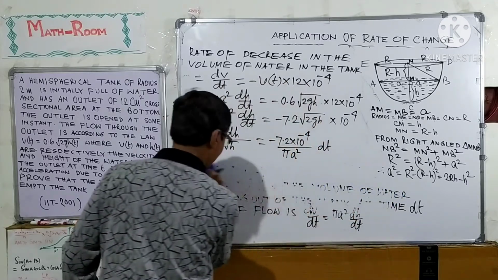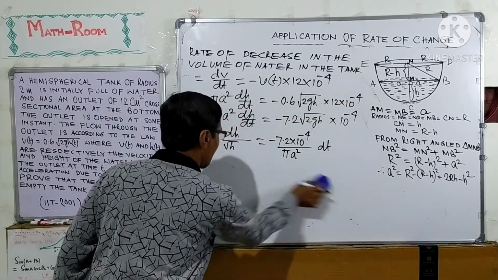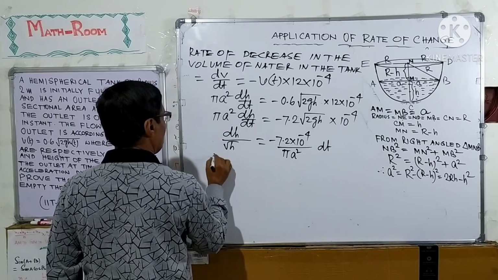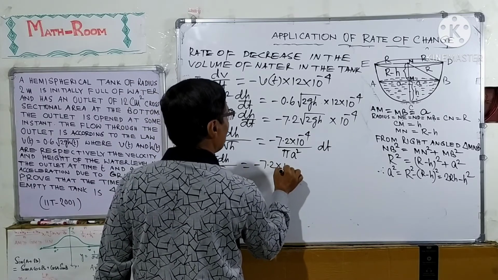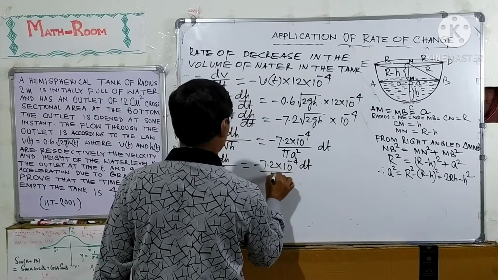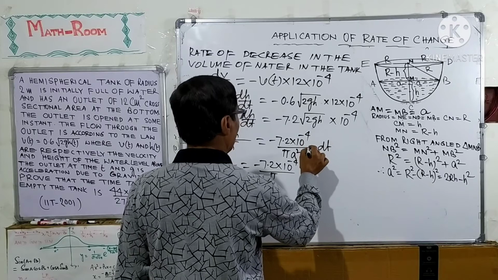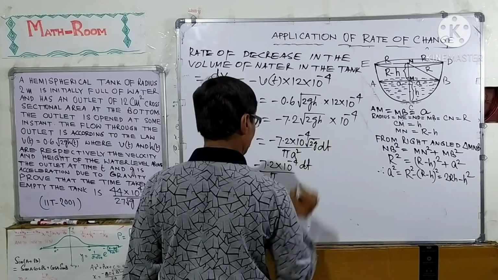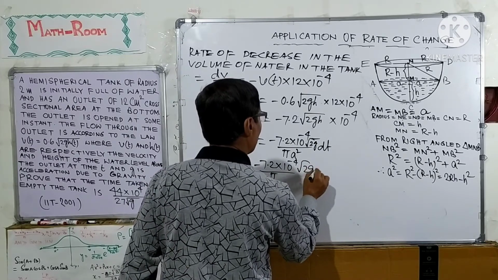Also, s square dH over root h equal to minus 7.2 into 10 to the power minus 4 dt over pi into root over 2g, dt.